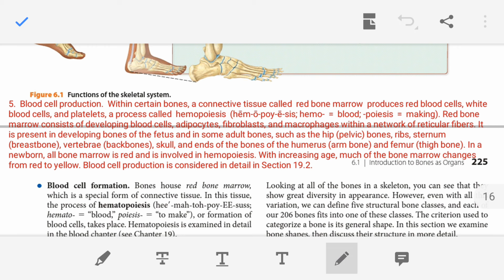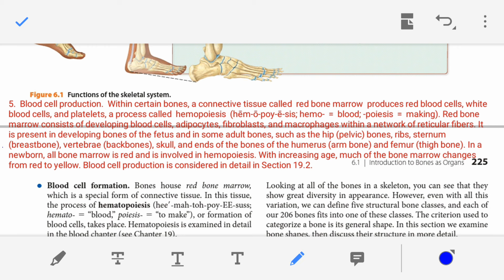Now this red bone marrow is present in developing bones of the fetus. So the bones of the fetus possess the red bone marrow. And in case of adults, in some adult bones, for example the hip bones, then the ribs and sternum, also known as breastbone, then the vertebrae, backbones, skulls, and ends of the bones of the humerus and femur, thigh bone.